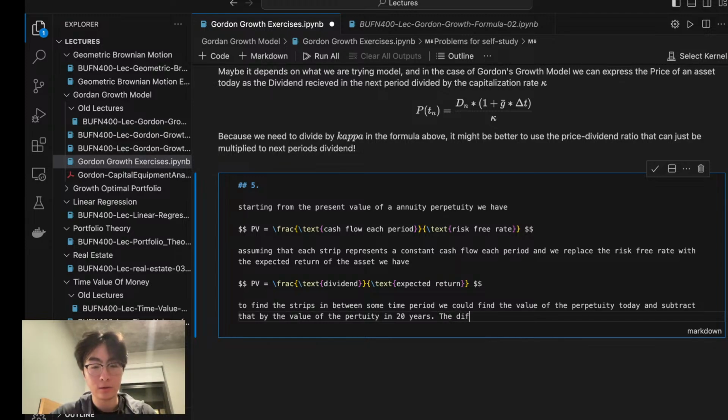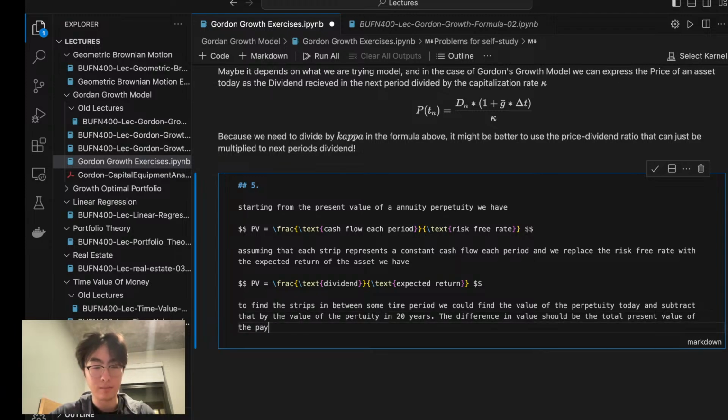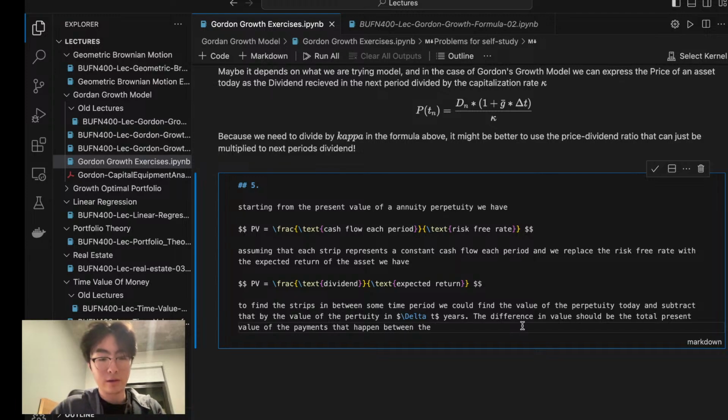The difference in value should be the total present value of the payments that happen between, I'll call this, delta T years.